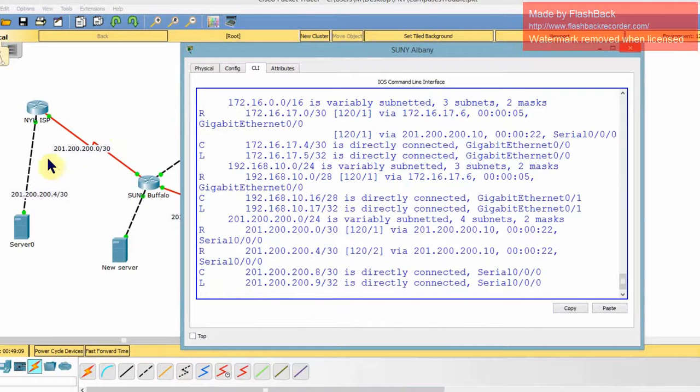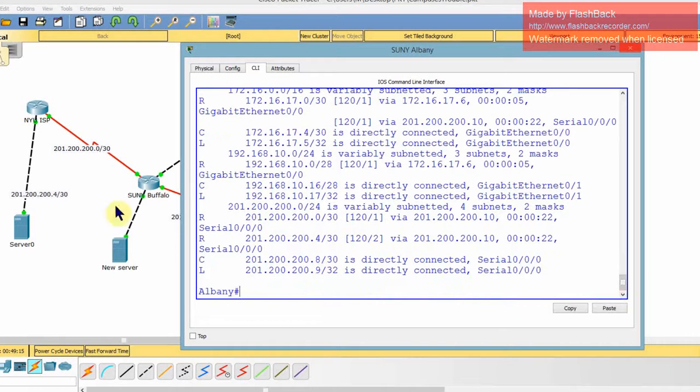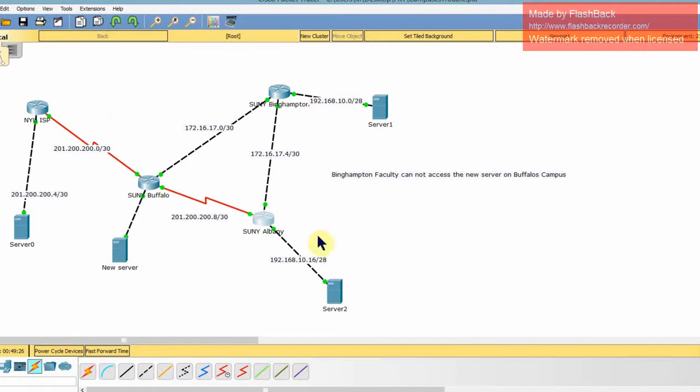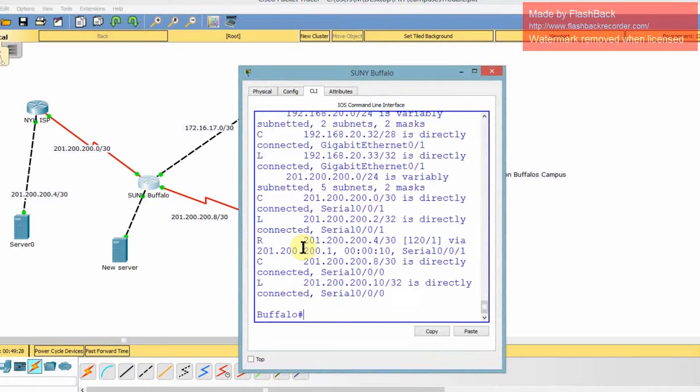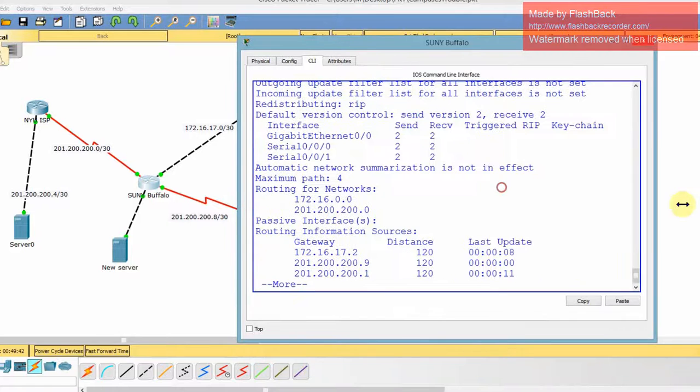Here, sorry. This network. We don't have a route for this one. Why? Router RIP, it should automatically tell it, right? Okay. Well, it is a new server. Let's take a look here and see what's going on.